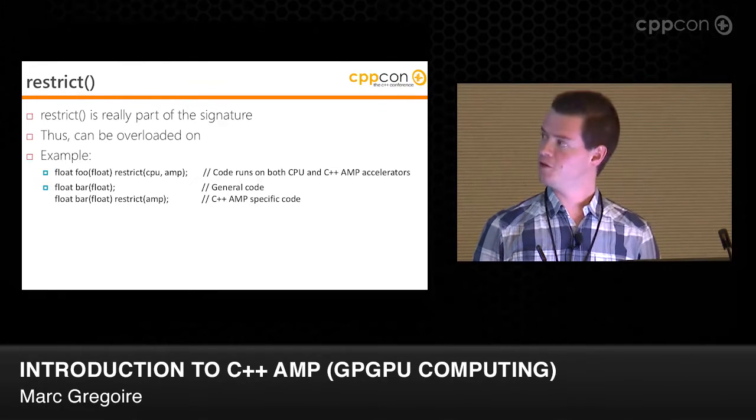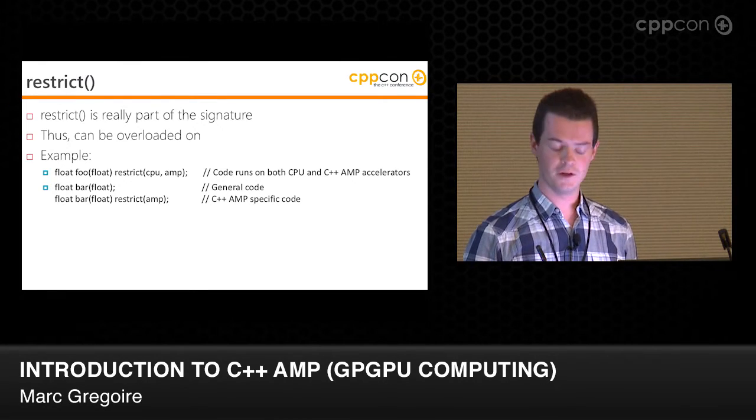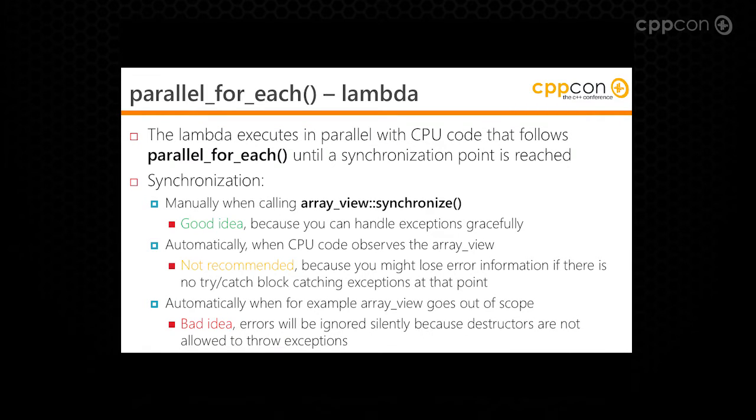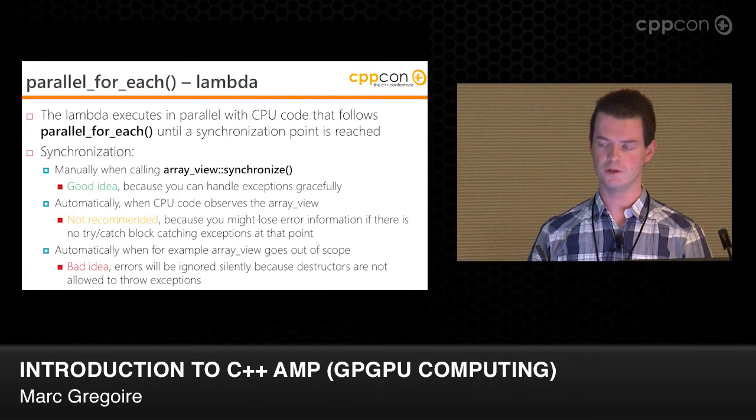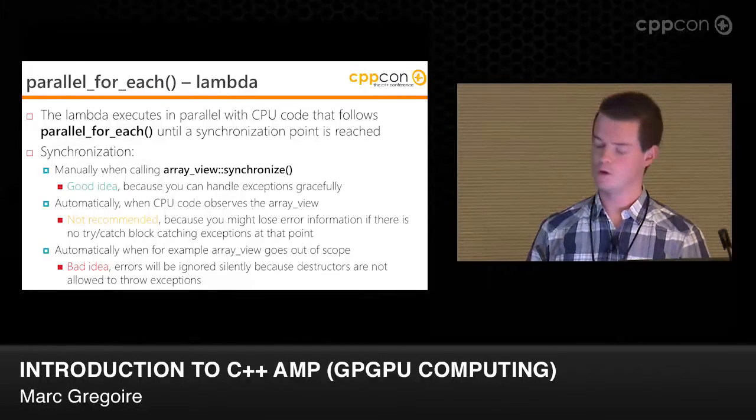Now, I didn't say anything about error handling yet, so let's fix that. When the parallel_for_each code is called, it will immediately return and send over the work to the GPU.